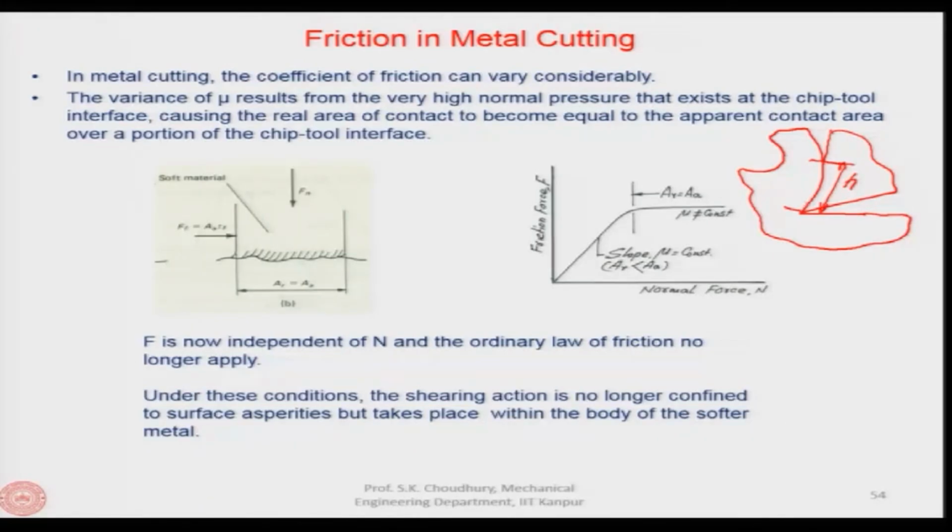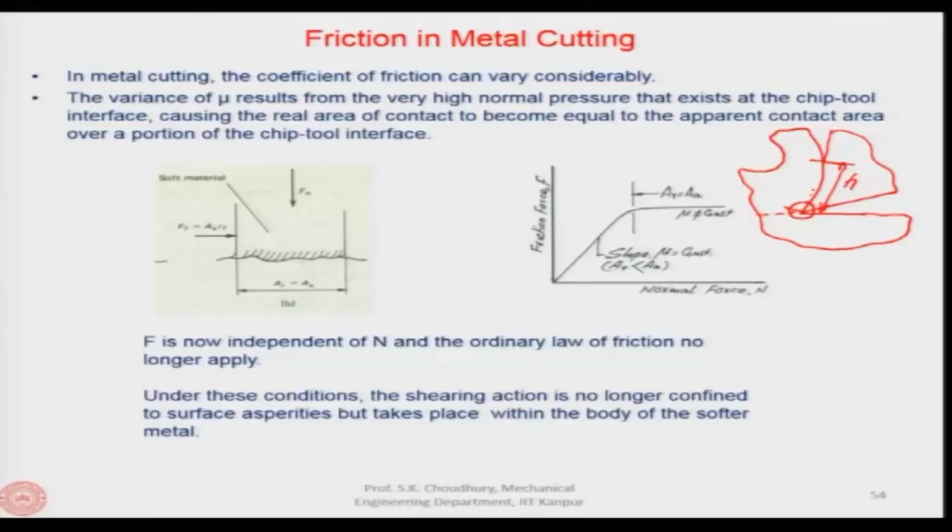Now, at this point the pressure is maximum. Therefore, the real area of contact becomes almost equal to the apparent area of contact, or geometrical area of contact, and as it goes towards the point where the chip loses contact with the tool, it decreases.